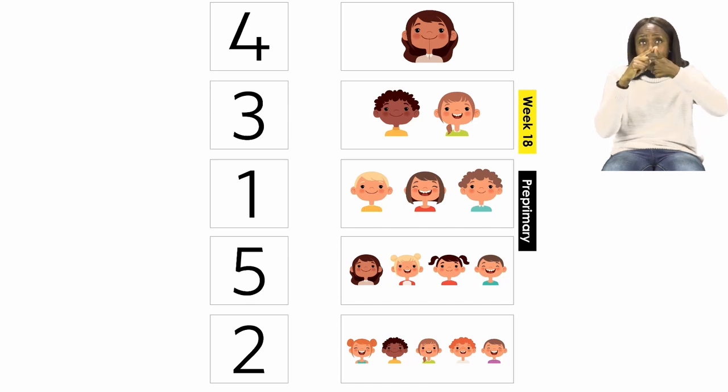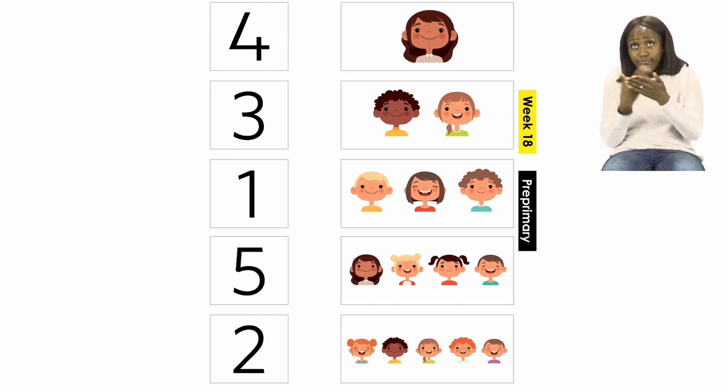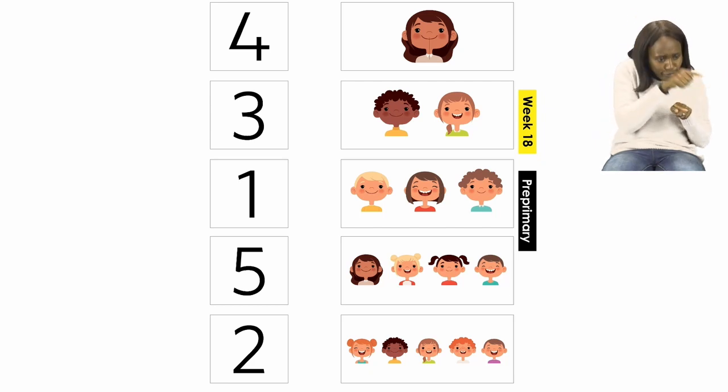So that means you have to take your pencil and draw a line from the picture to the number 1. Can you repeat that one more time? Take your pencil and you draw a line from the face to the number 1.